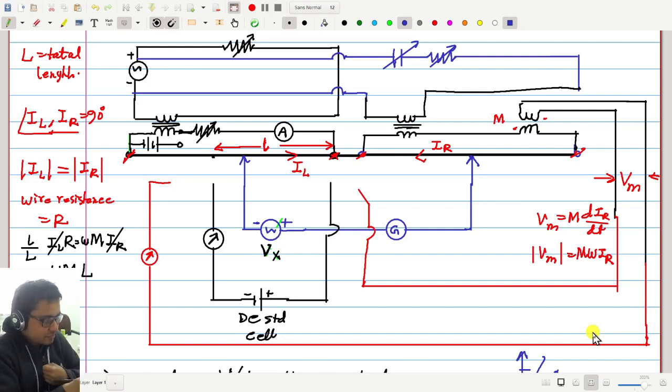Sir, can we use a phase shifter to shift it by 90 degrees, then measure it and then subtract 90 degrees to get the required phase? Okay, so that is a separate question. Let me just tell you that if you have a phase shifter, then you can change the angle to any desired value, not just 90 degrees. Then why would you use two potentiometers?